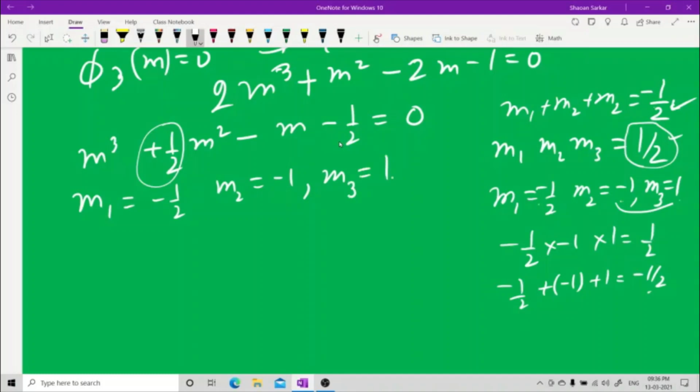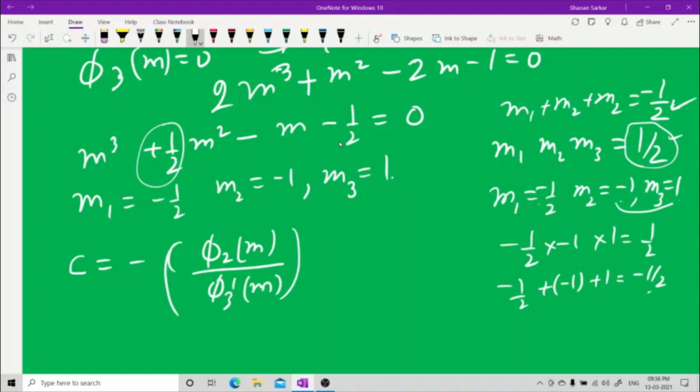Now let us start with this question. What is C? C is minus phi 2m upon phi 3 dash m, the derivative, highest order derivative, with the minus sign.